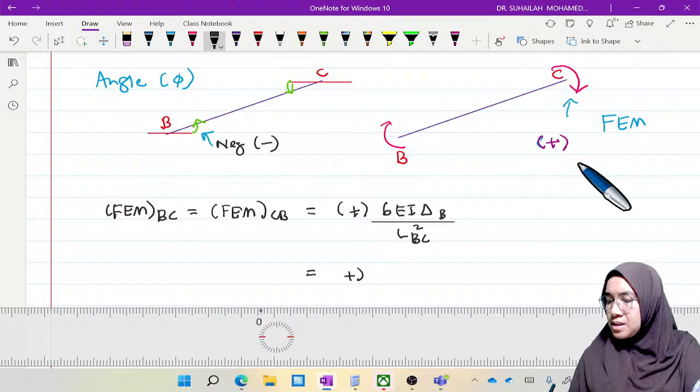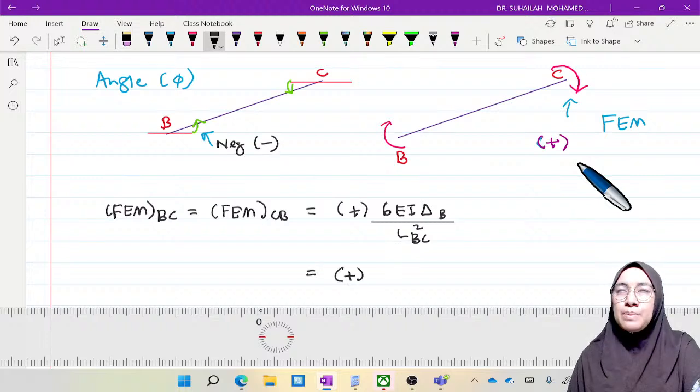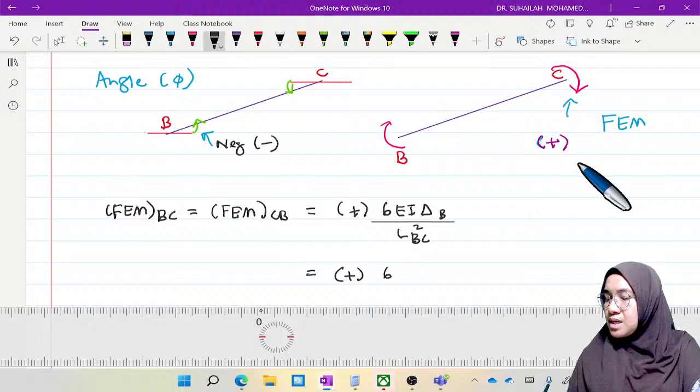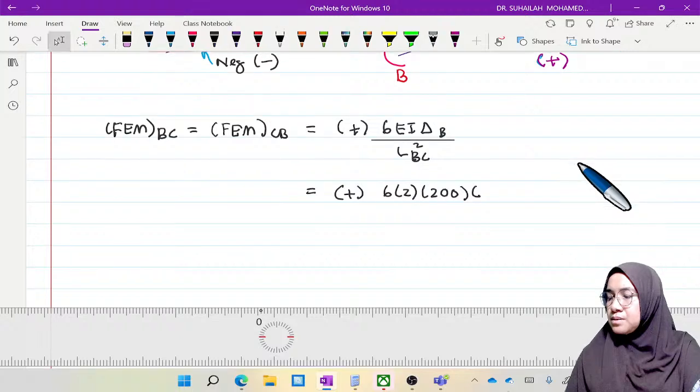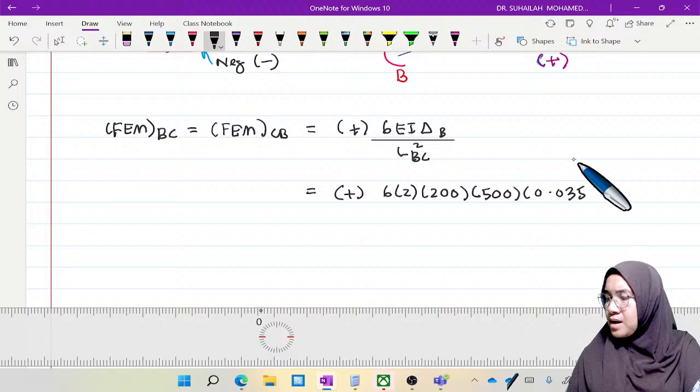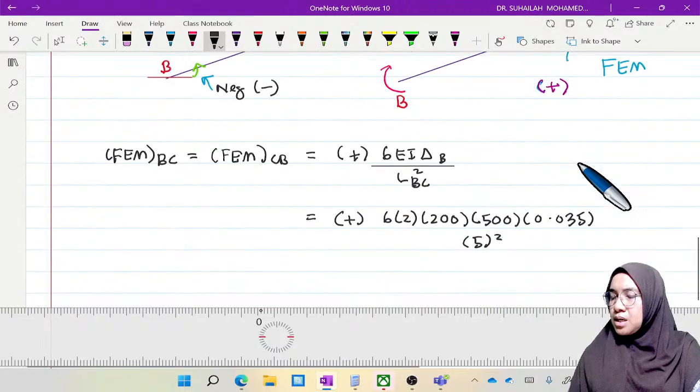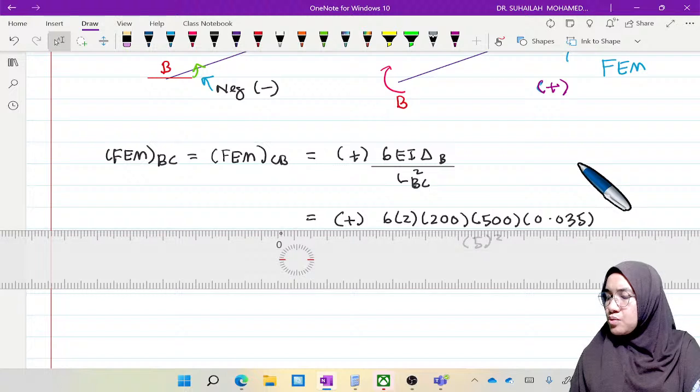It is 6 times 2 because BC has 2EI, so 6 times 2 times 200 times 500 times 0.035, divided by 5 squared.